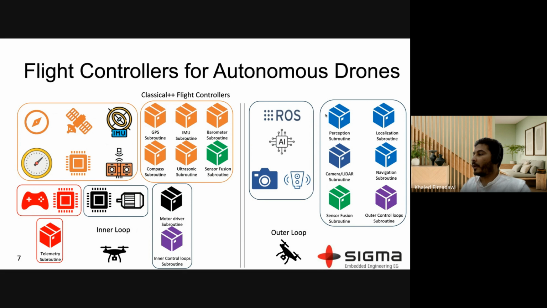And the more computationally costly processes are running over a mission computer, either in a single process divided into different subroutines, processed in sequence, or set up as multiple processes, where each process does a certain task, and the different processes communicate with each other through a meta operating system, which most probably will be ROS or any other meta operating system.